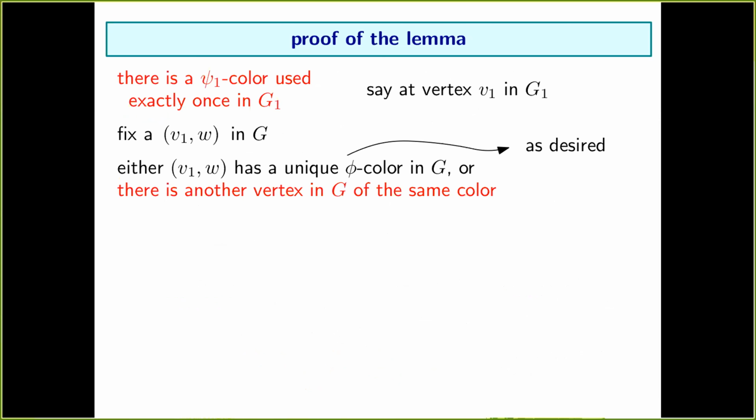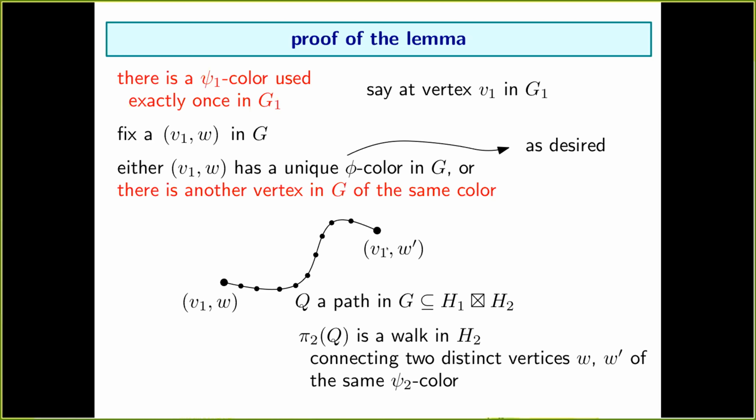Either this vertex W in G has a unique color under our product coloring in the graph G, and this absolutely makes us happy because we are looking for such a color. This is as desired. Or not, and if not, then there is a second vertex, distinct from our one, that carries the same color in our product coloring.